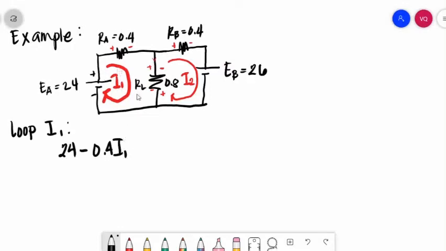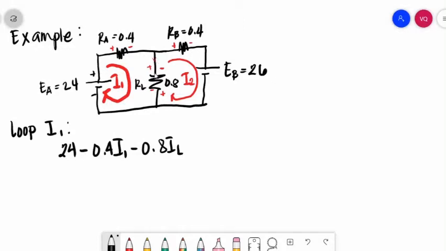And then, again, entering the positive sign of RL, 0.8, we have a negative 0.8 IL. We already discussed this in Kirchhoff's voltage law, the signs of the IR drops and the battery.